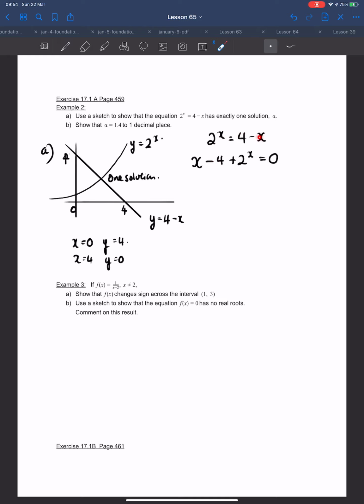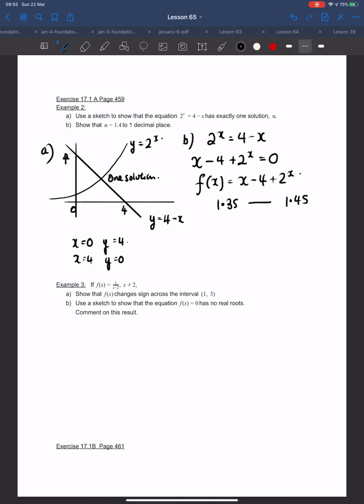If we rearrange this, add x to each side, take 4 from each side, you'll end up with 0 on the right hand side. So we call our f of x, x minus 4 plus 2 to the power x. Now if it's 1.4 to 1 decimal place, we need to look at 1.35 up to 1.45 because those values are going to round off to 1.4.